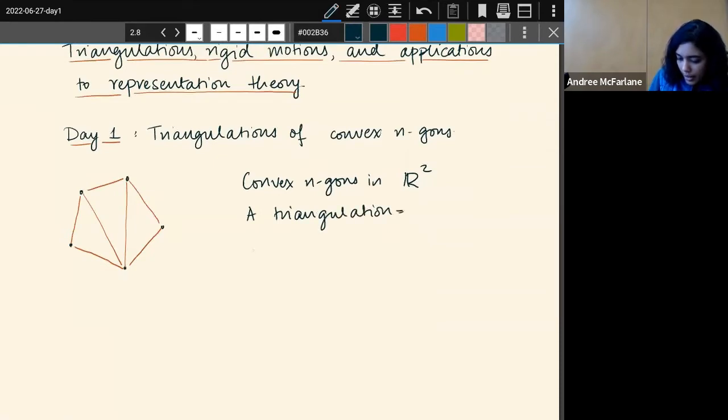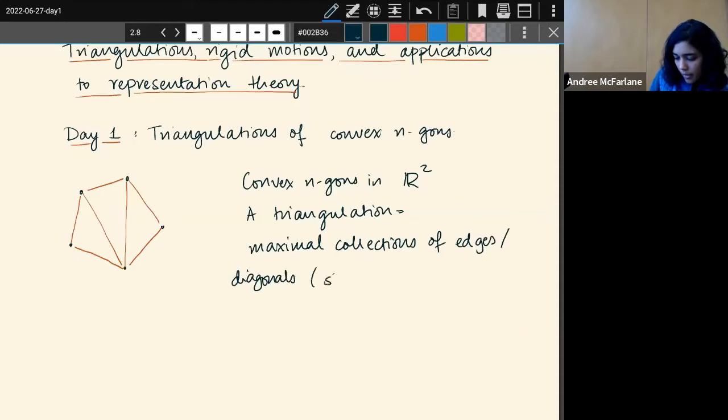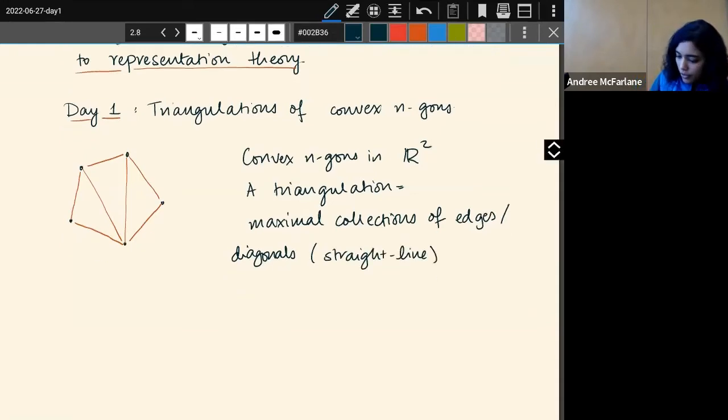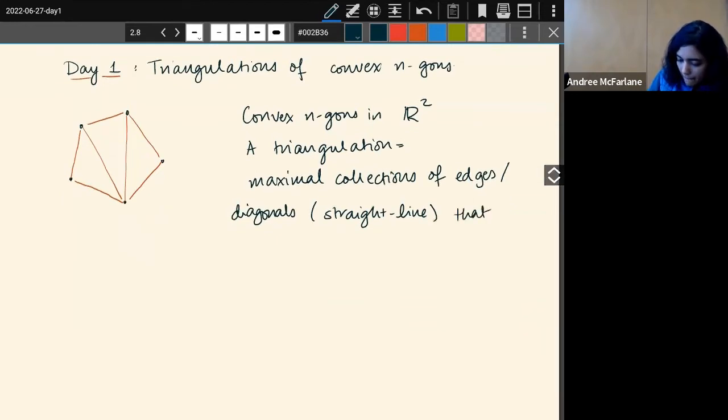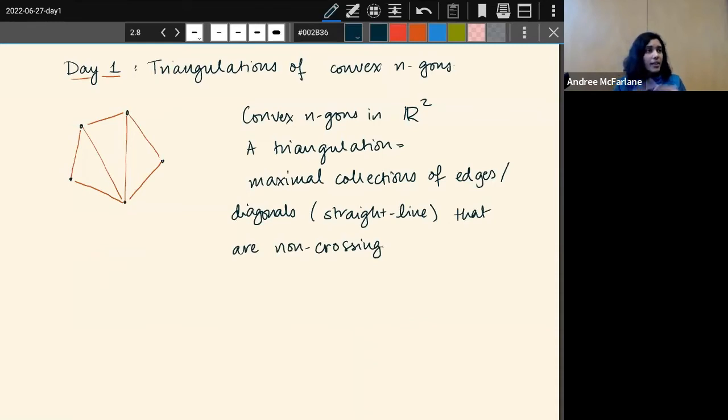So I'm looking at maximal collections of, I'll call them edges or diagonals, and by this I mean, of course, straight line, that don't cross. And of course, non-crossing means non-crossing in the interior. They can, of course, intersect at the edges.